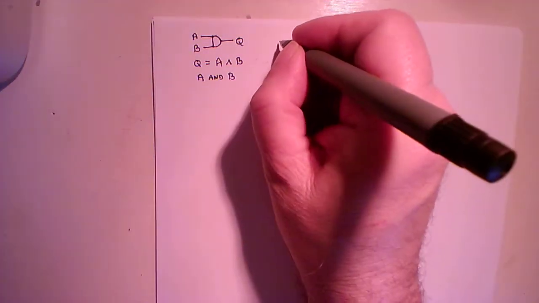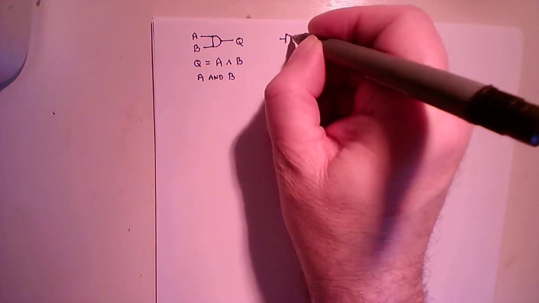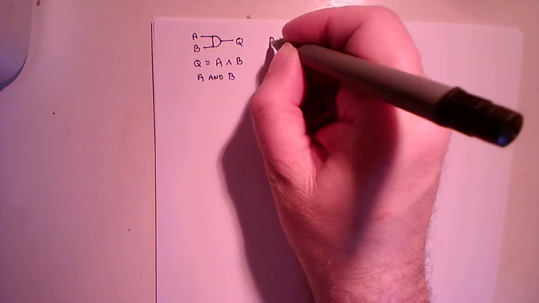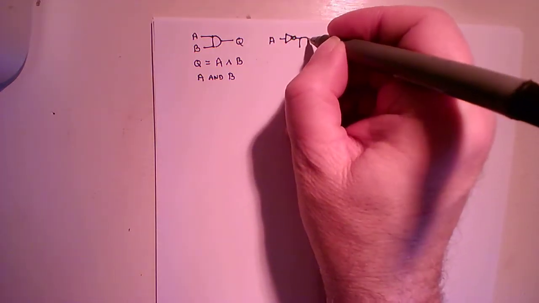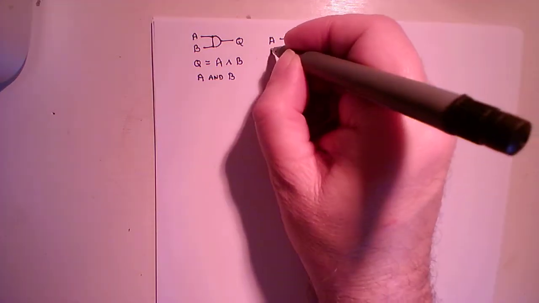But I want to take you through all the possible options of having two levels. The first one is on the A one. If I put a NOT gate on the A before I hit the AND gate, there are my two inputs.